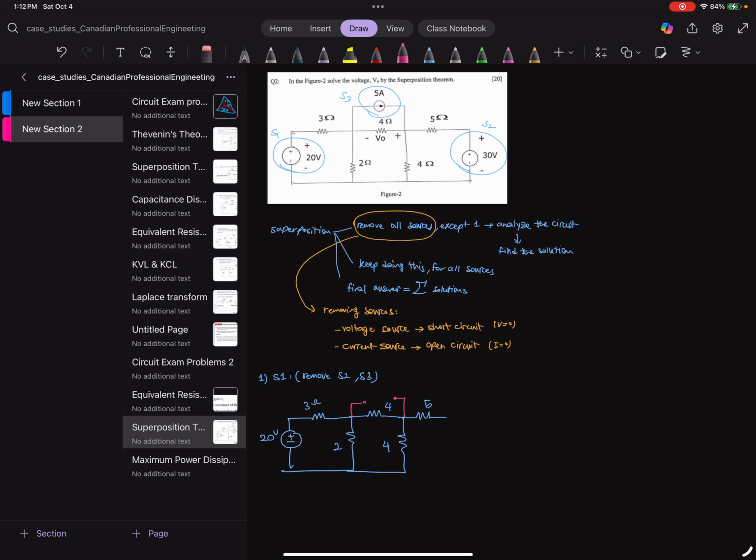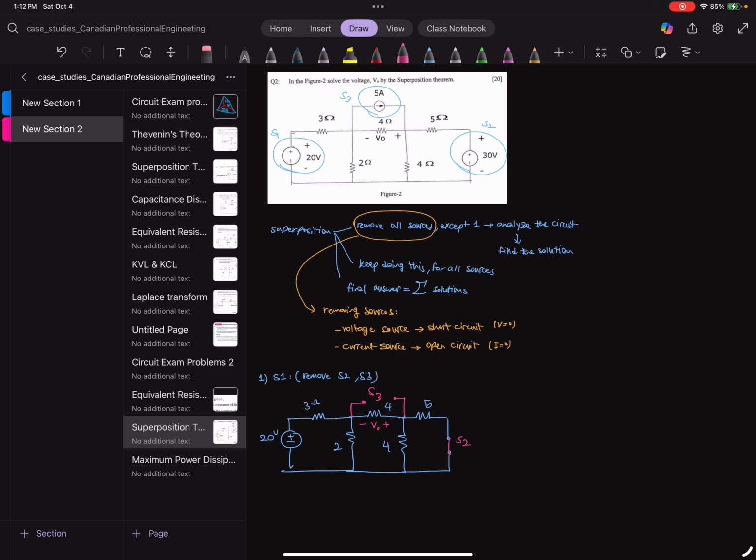S2, I open circuited it, so it's as if it's not there. And then here, instead of S3, and then S2, here, instead of this voltage, I short circuited. This is instead of S2. I confused myself by naming it. Stay with me, guys, it's just names. Okay, S3, easy. So we have two sources, and this is minus plus V naught.